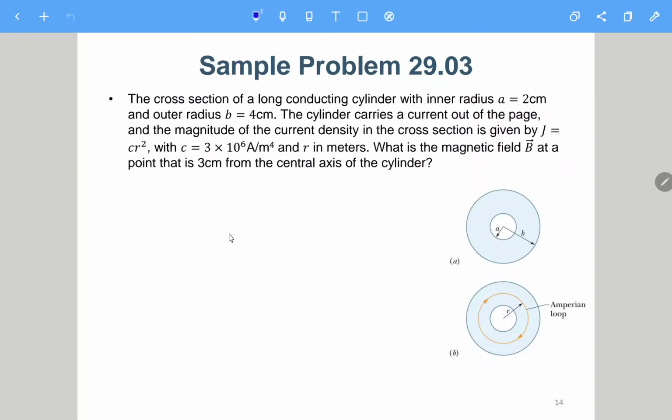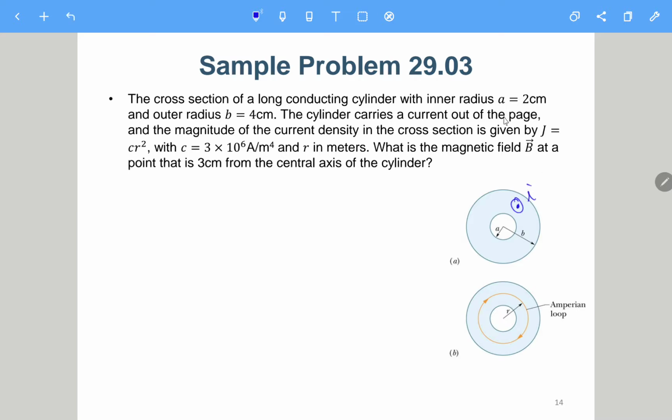Okay, so here is a sample problem. It says the cross section of a long conducting cylinder has inner radius a and outer radius b. The cylinder carries a current out of the page. So the current is out of the page.